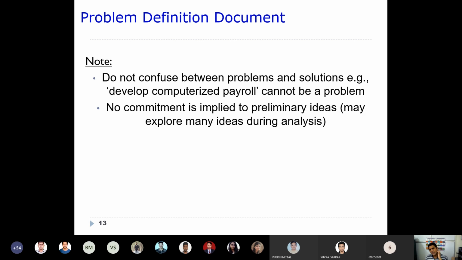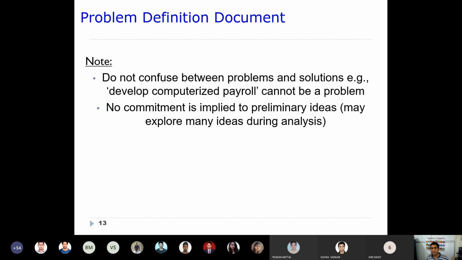Usually we always confuse between the problem and solutions. Let's say you take an example here: develop a computerized payroll. It cannot be a problem. In fact, it is some sort of solution.